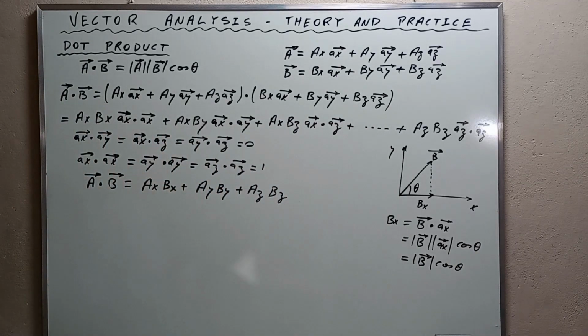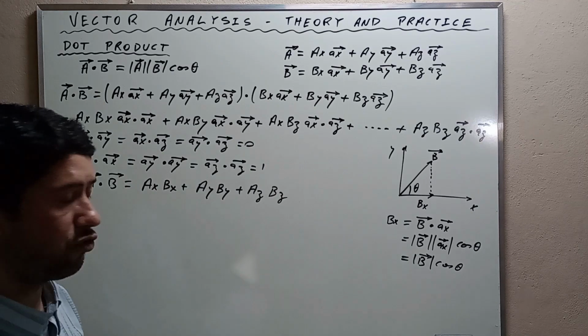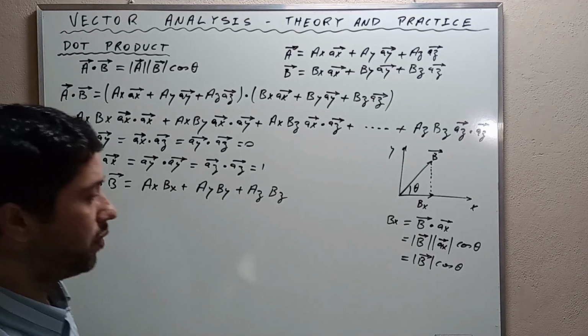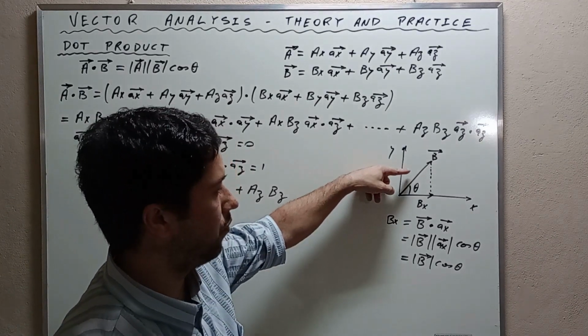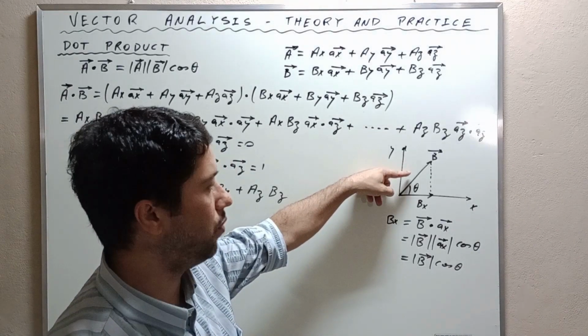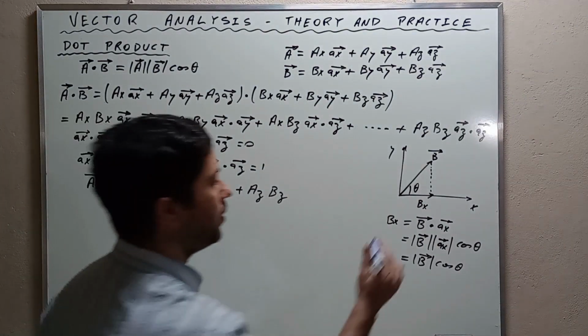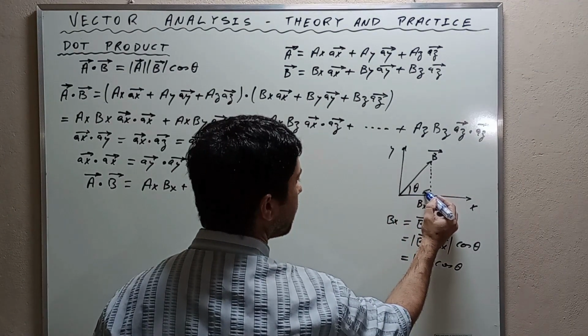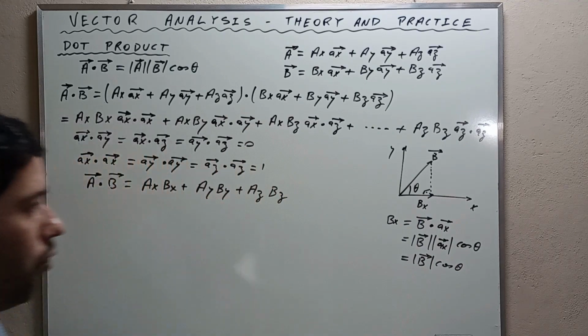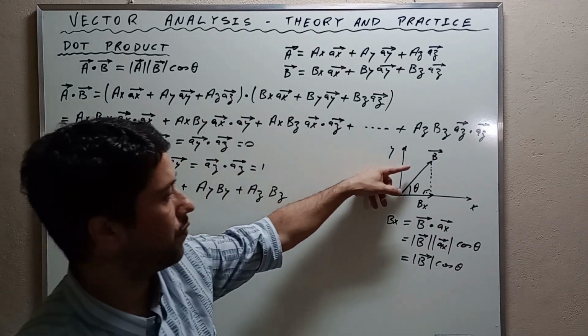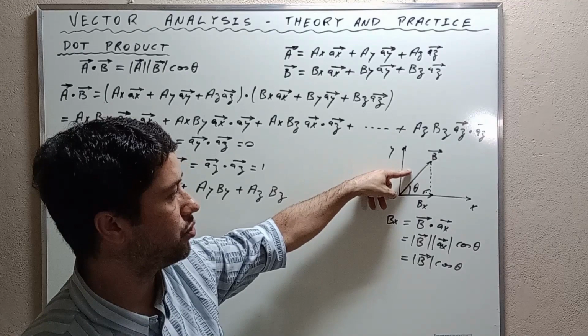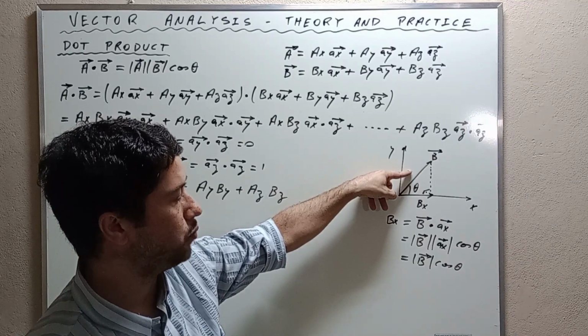Alright? This is how we find it. Okay? This is easy to understand because if you remember your high school geometry, you're going to see that this is a right triangle, and the magnitude of the vector is the hypotenuse of this right triangle.